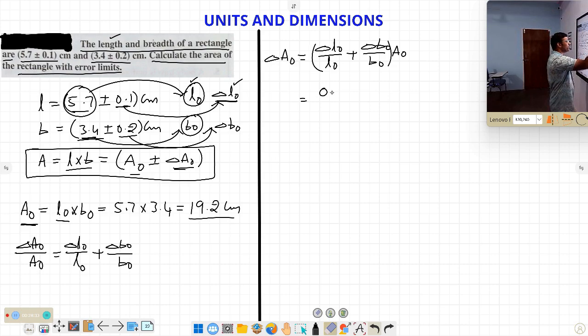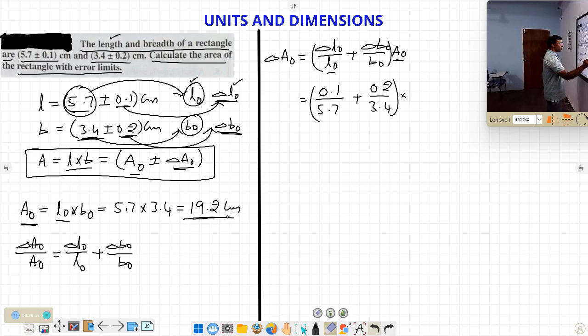We can write 0.1 by, what is L naught value? That is 5.7, plus, what is delta B value? This is 0.2, that is 0.2 by, what is B naught? B naught is the actual value, that is 3.4, into, what is A naught? We just calculated the A naught value, how much? 19.2.